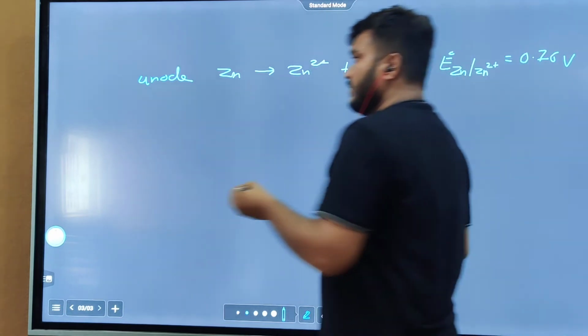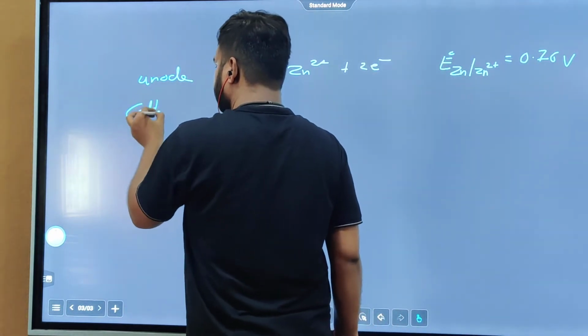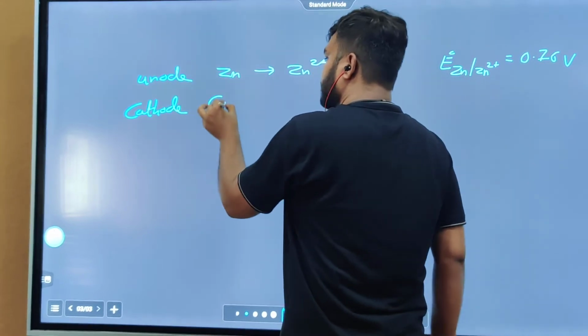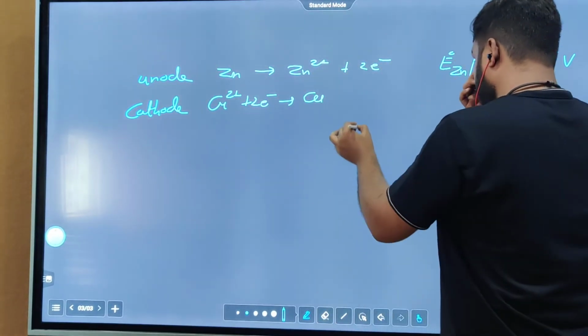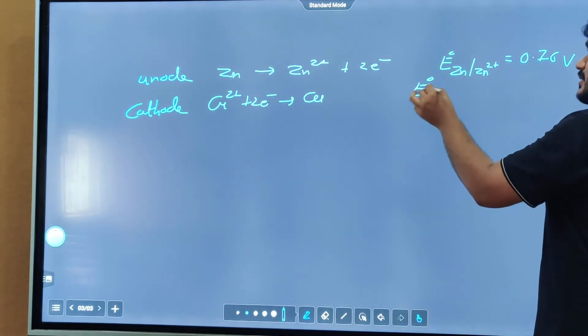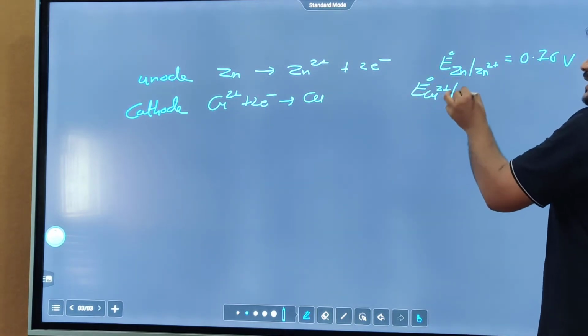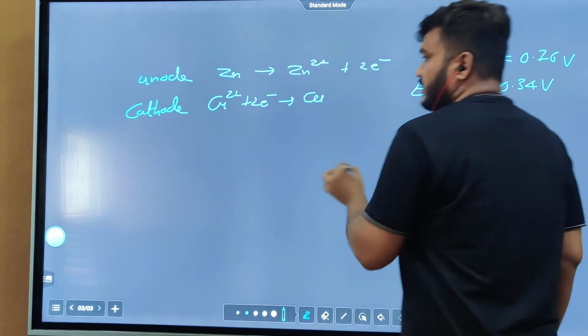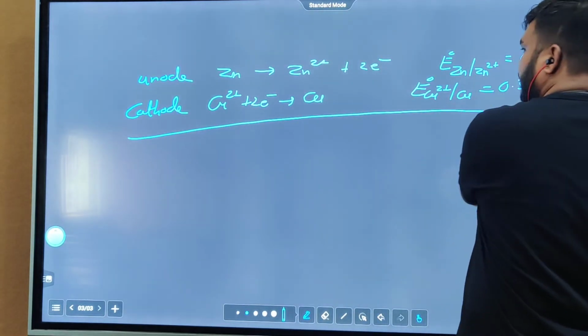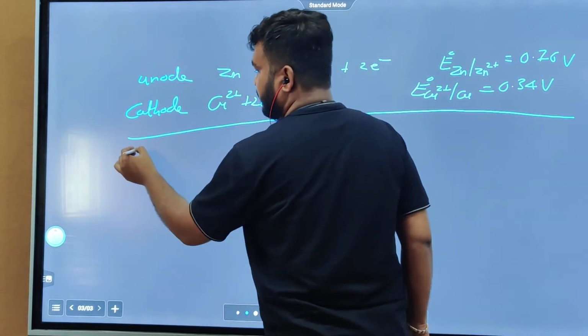Clear? Similarly for cathode, Cu2+ plus 2 electrons giving you Cu. E naught Cu2+/Cu will give you 0.34. Just add them up. So anode plus cathode gives you full cell.